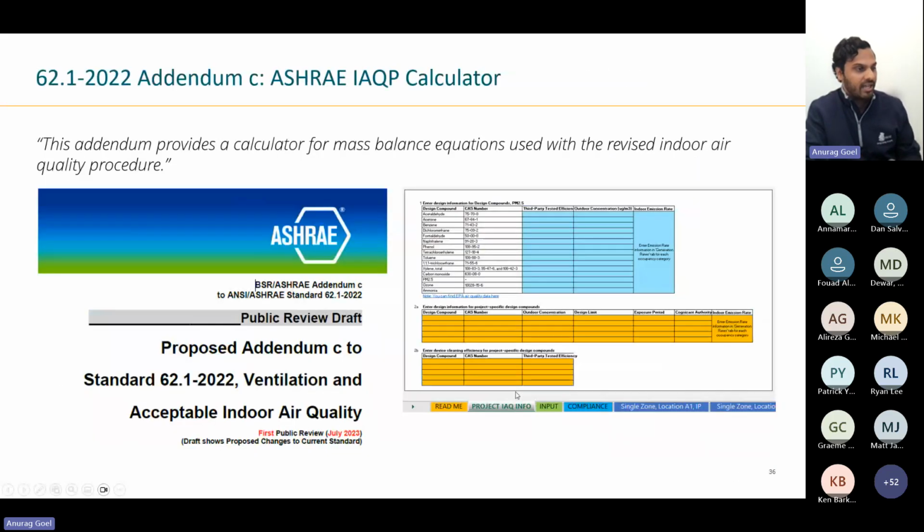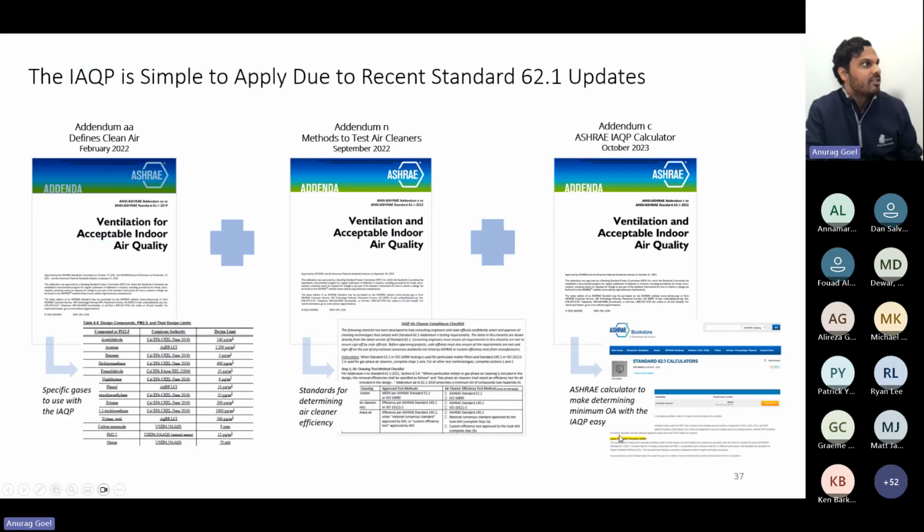And in return, you can easily calculate your ventilation requirements and your air cleaning requirements for a system. As a follow-up to today's session, we can consider having a separate session on how to use this calculator as well.